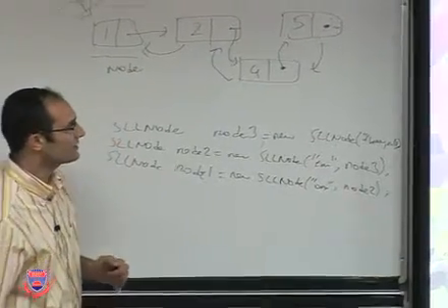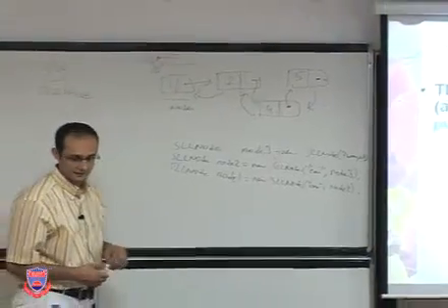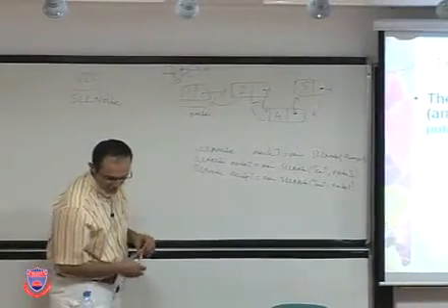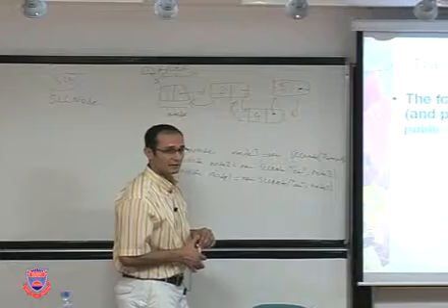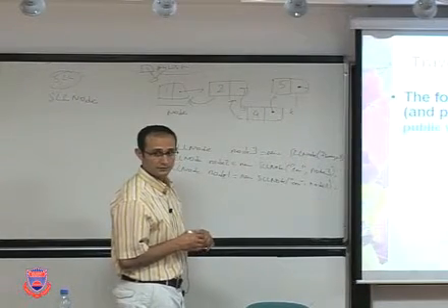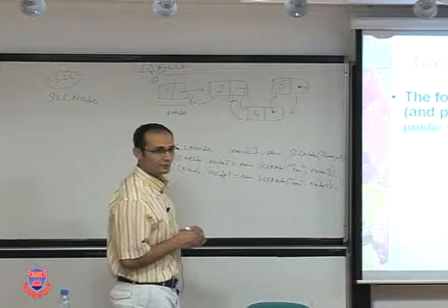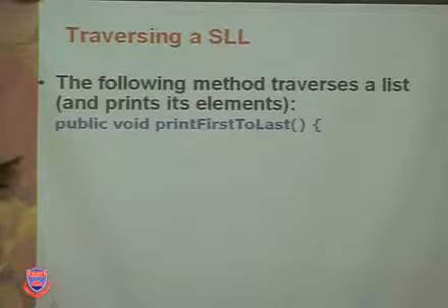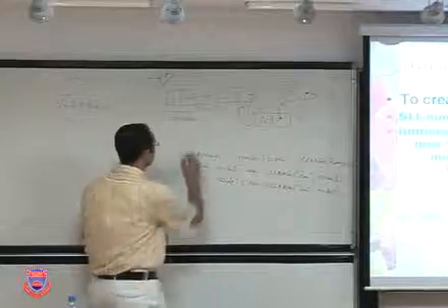So how to traverse an SLL, a singly linked list? How can we traverse the elements of a linked list? Let's say I'd like to write a for loop to traverse, and public void print first to last. So I'm going to basically write all the elements when I call this method. For example, this is SLL, and if you go back here, this is numerals, right?